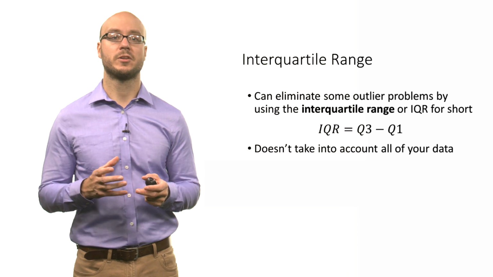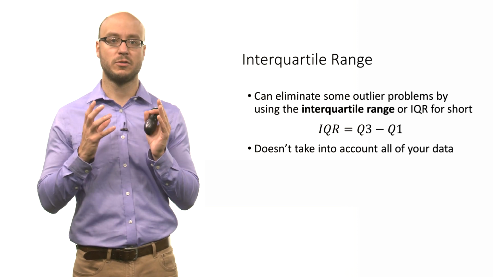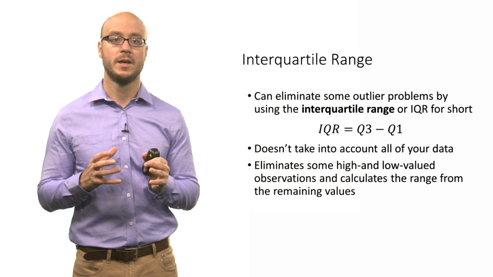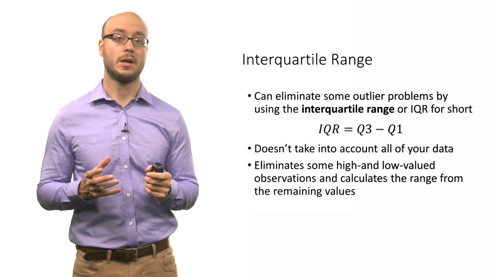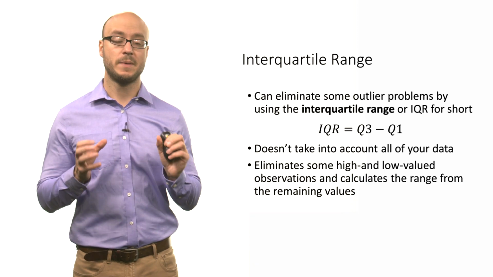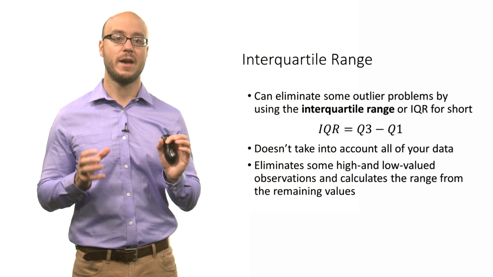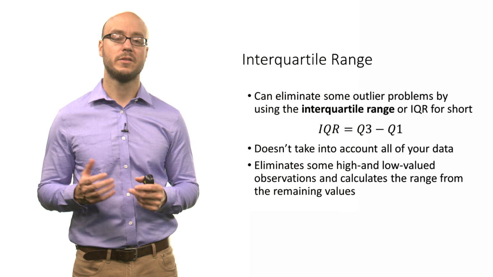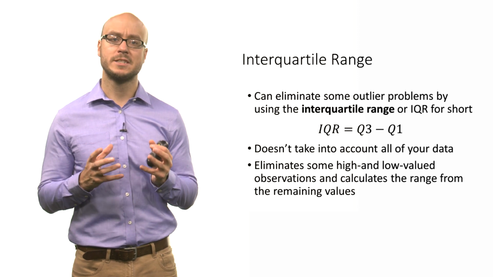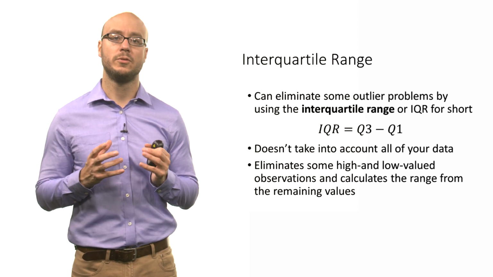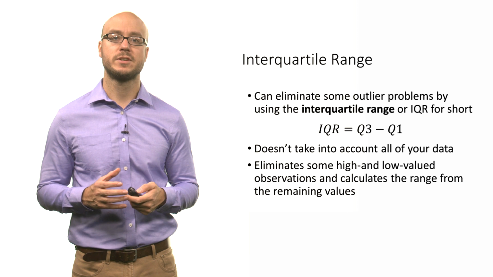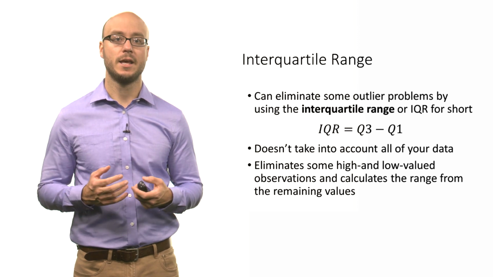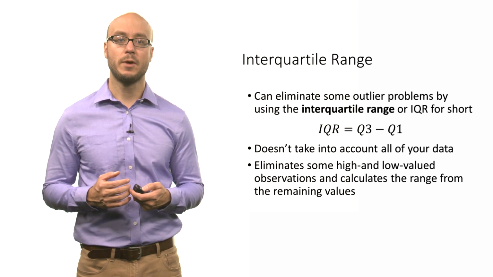What's useful about the interquartile range, since you're looking at the middle part of the data, is that it can eliminate some outlier problems, especially in the tails of the distribution. When you have extreme values, either in the high end or the low end, the interquartile range is considered more robust to the problems of extreme values affecting a measure of variability or spread.